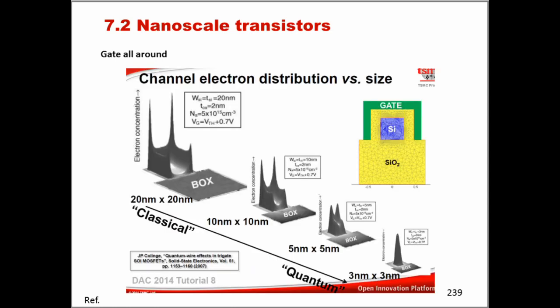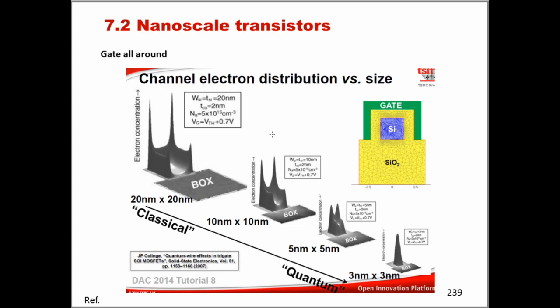Okay, now just to conclude this exploration of the nanoscale MOSFET transistor, we should try to remember what we've seen in chapter 3 when we were discussing 1D confinement, when we were discussing the nanowire.